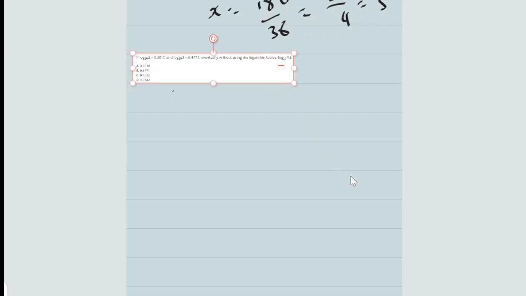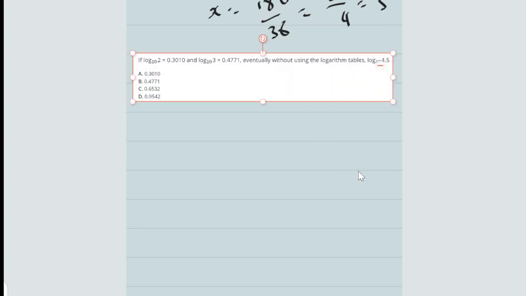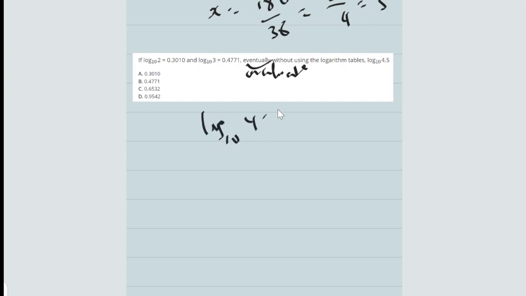The question says if log 2 to base 10 is 0.3010 and log 3 is equal to 0.4771, evaluate without using the logarithm tables, log 4.5.